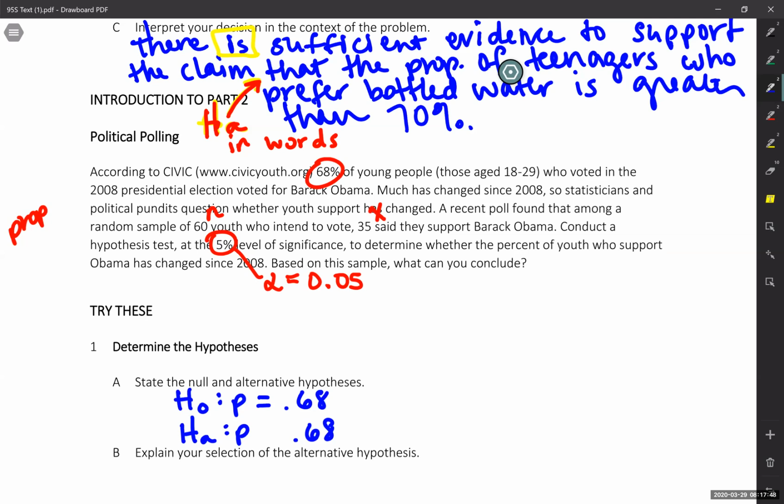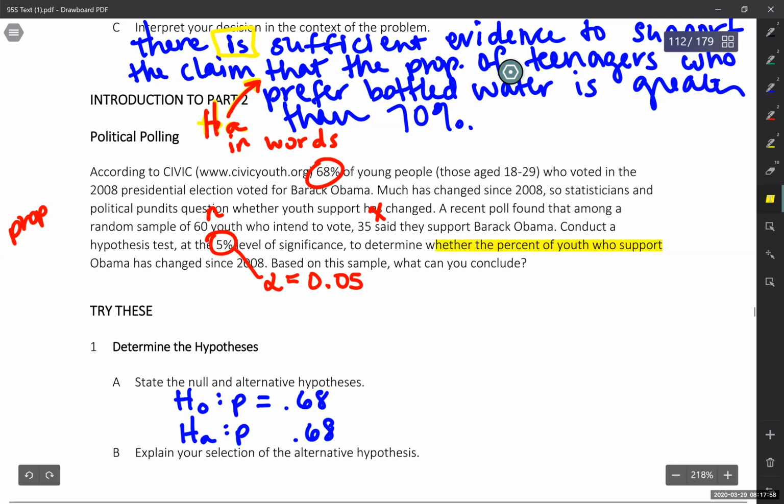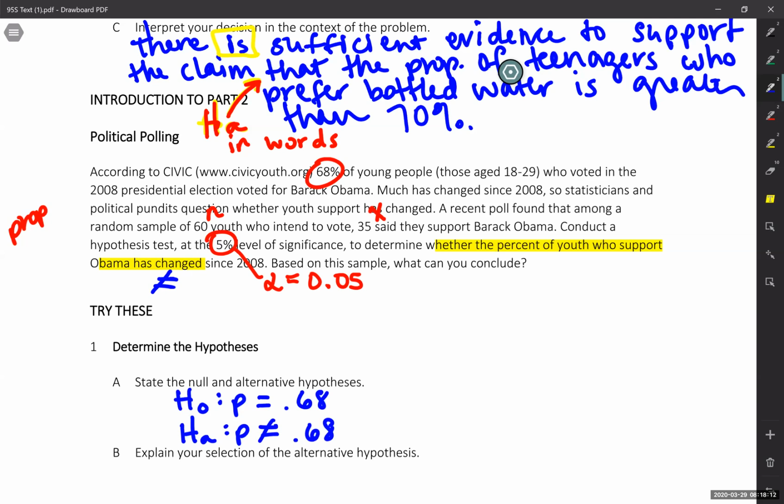So it says determine whether the percent of youth who support Obama has changed. Has changed does not mean greater than, does not mean less than. So it has to mean it is not equal to. Changed is just like different. It's either bigger or less, but it's not equal to. So we have a not equal to problem, which means we have two tails.